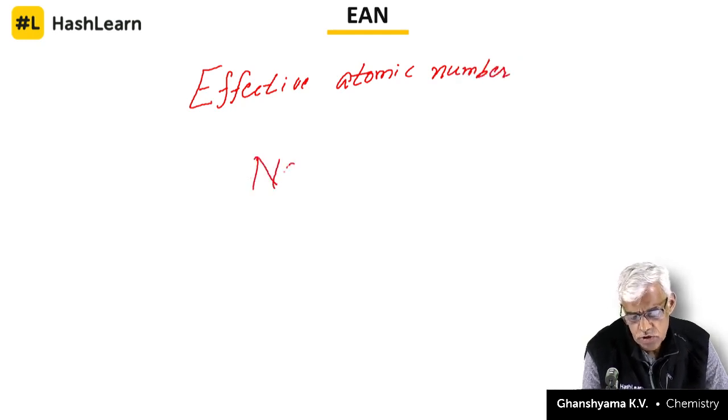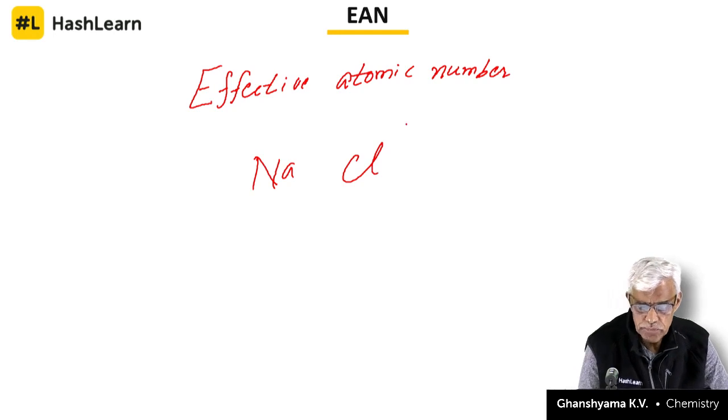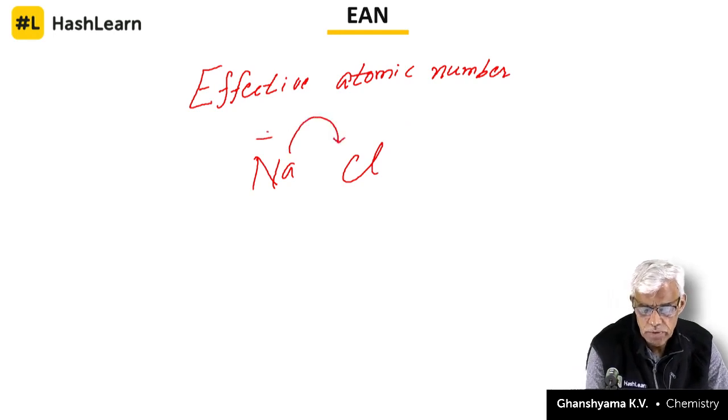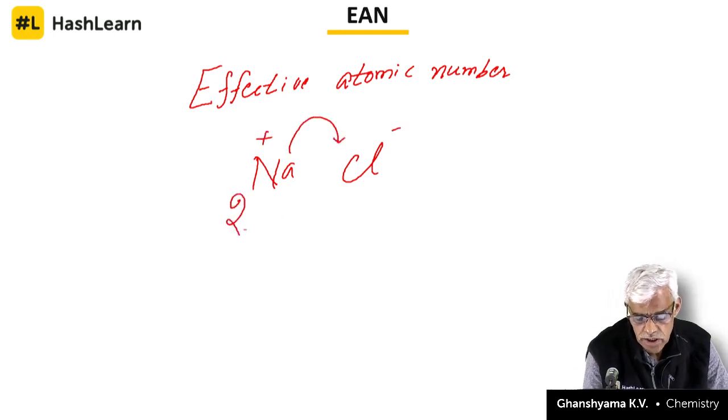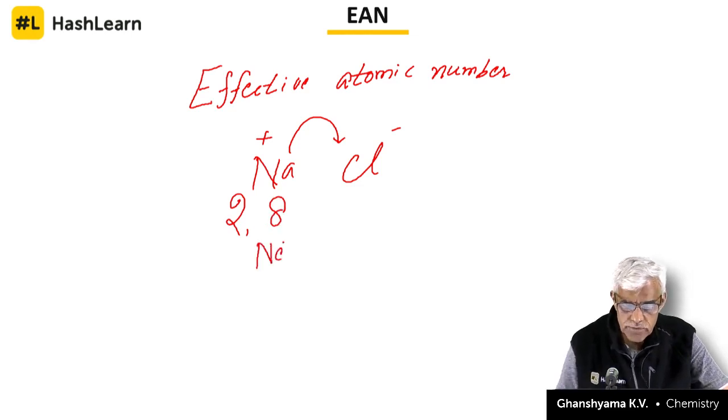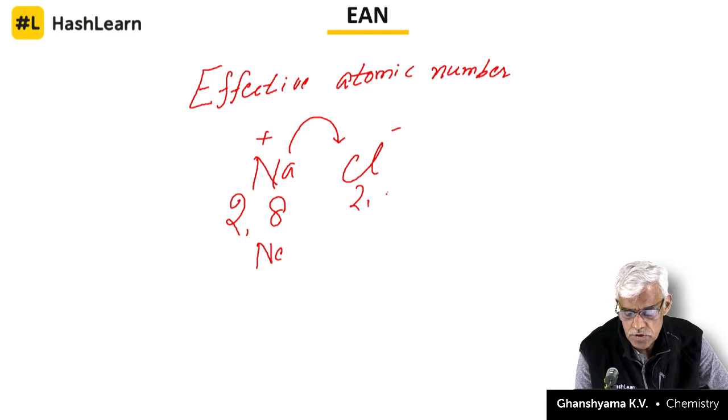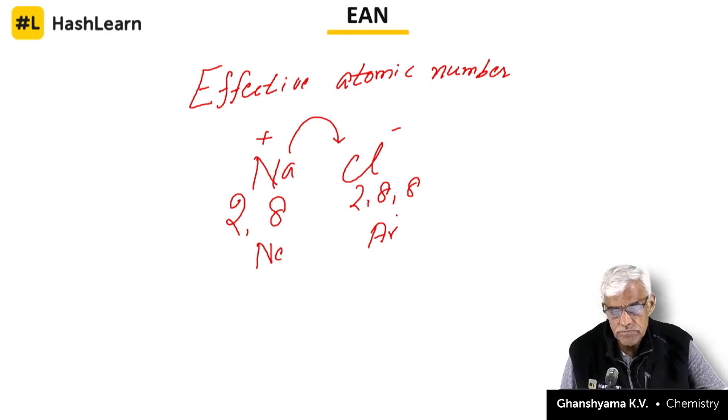You know that sodium combines with chlorine to give one electron. It becomes Na+ and Cl-, because this becomes the electronic configuration of neon, 2, 8. And this becomes argon, 2, 8, 8, 18 electrons.